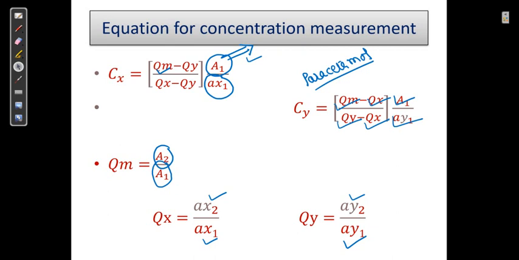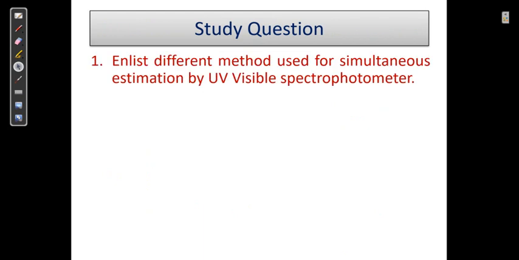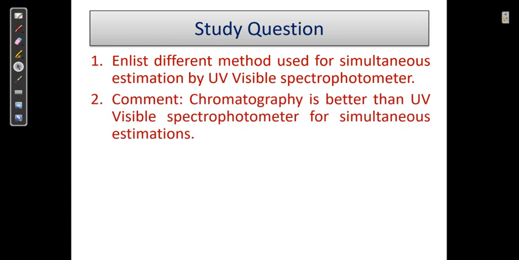Okay, let us go ahead. For the calculations, you may go through one of my videos on assay calculation, which is given in the right corner of your video. From that you can find the calculations. Study questions: first, list different methods used for simultaneous estimation by UV visible spectrophotometer. Second, comment: chromatography is better than UV visible spectrophotometer for simultaneous estimation.